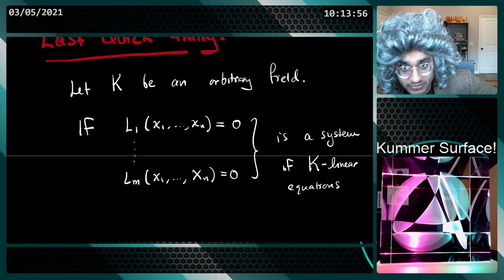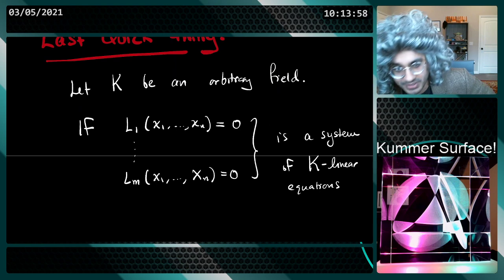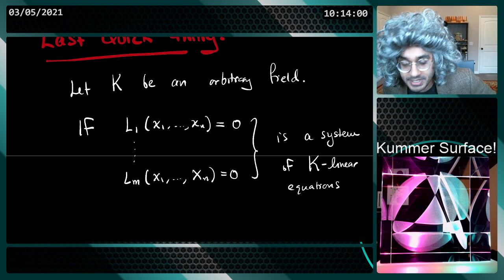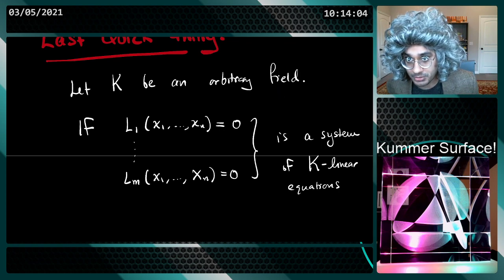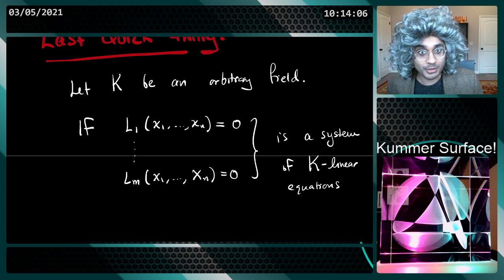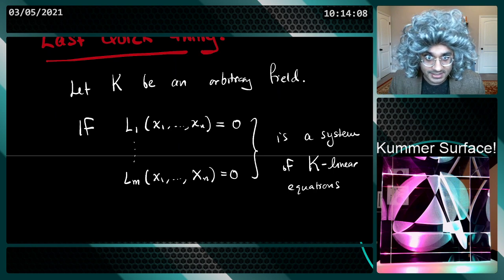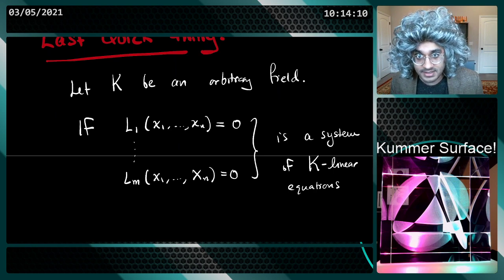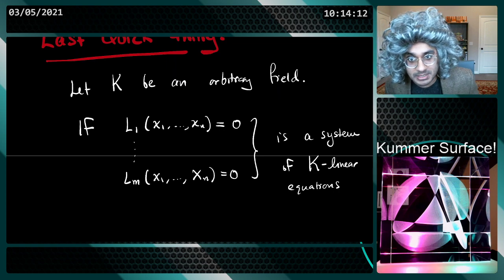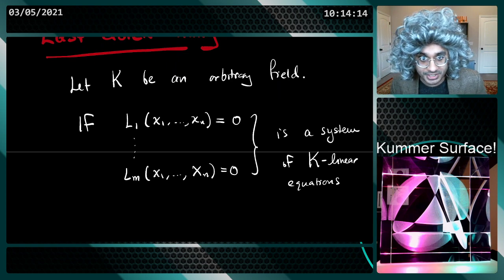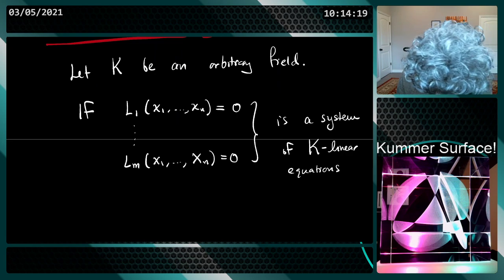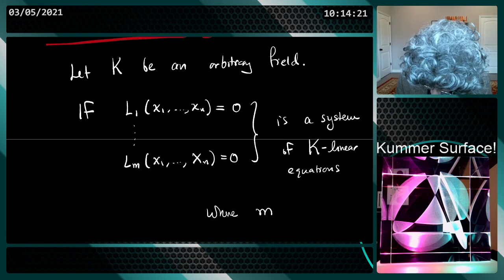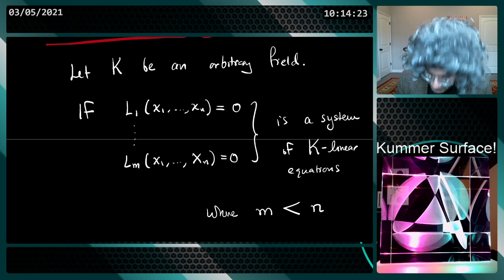Hey, how's it going, Skughead? How are you doing? Okay, suppose you have a system of m linear equations, meaning coefficients are in K, and the xi's are just variables, and you're trying to find elements x1 in K, x2 in K, through xn in K that solve it. Where m is strictly less than the number of variables.